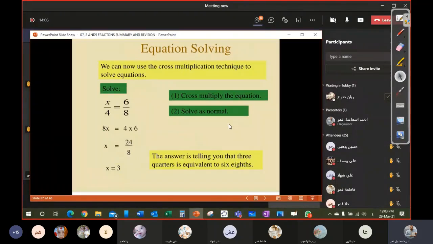Now we continue. Why do we use cross multiplication? If we have a literal fraction like this, x over 4 is equal to 6 over 8, we can cross multiply to get the value of x.